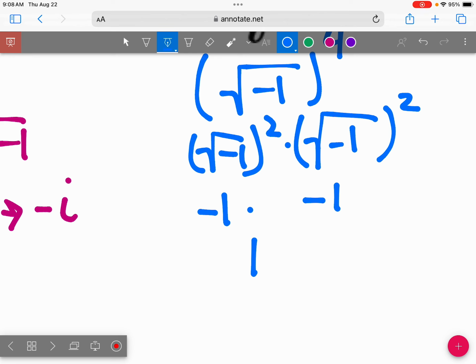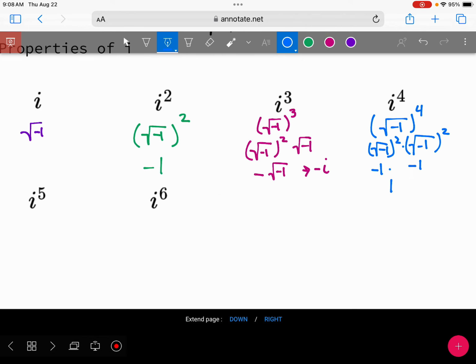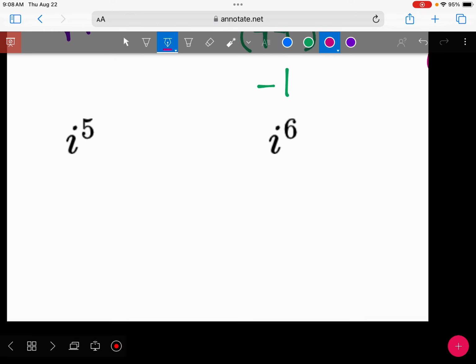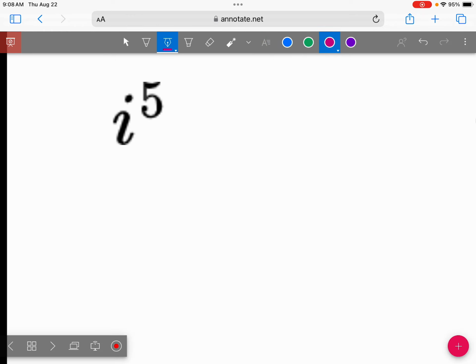When we're dealing with i's with exponents, these are the only options we have: i, -1, -i, and 1. Those are the only things it can simplify down to. So when we're simplifying something like i to the 5th, we're going to use exponent laws and break them apart into products, basically.